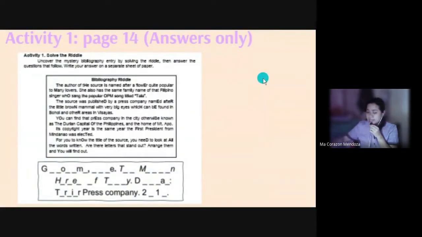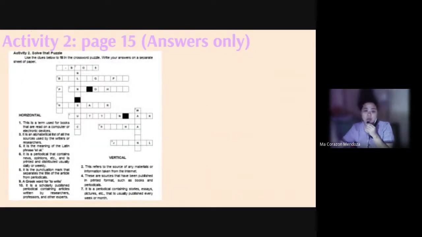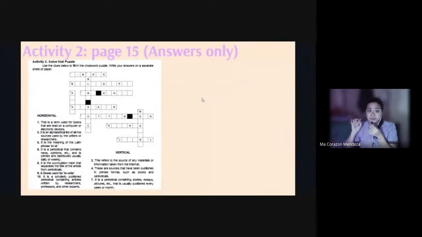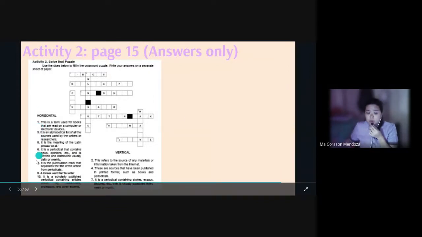Okay, class, once you're done, kindly answer activity number 2, which is found on page 15, answers only. Do not copy the puzzle boxes anymore. So how are you going to answer this? It works like a regular crossword puzzle. There are clues given here with corresponding numbers.